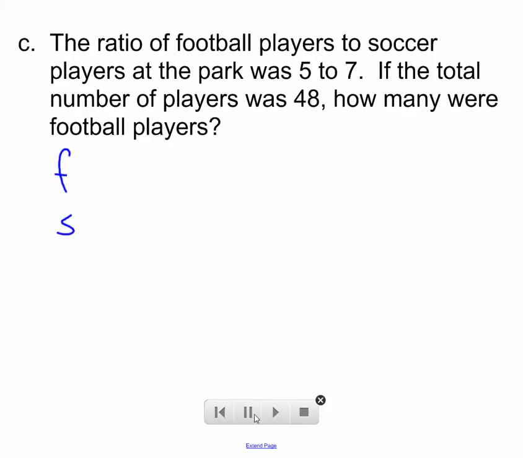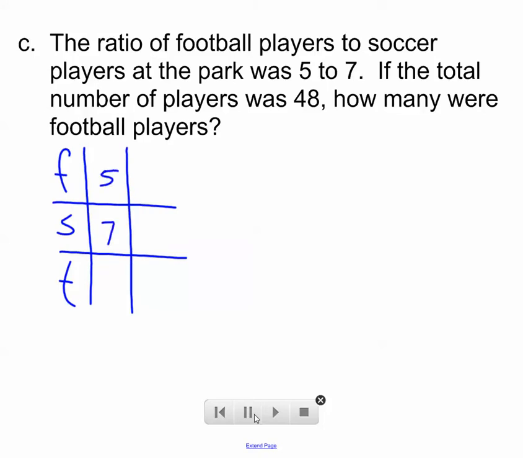Okay, so we'll make our little tic-tac-toe table here. Football players and soccer players, 5 to 7. Total between them is 12. They tell me that there are 48 total players, so I'll put that down here. And then we're trying to figure out how many were football players. So this time we're ignoring soccer.